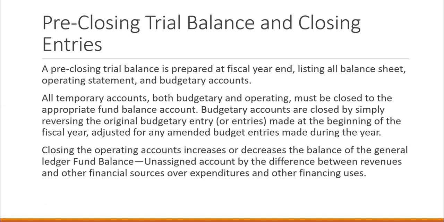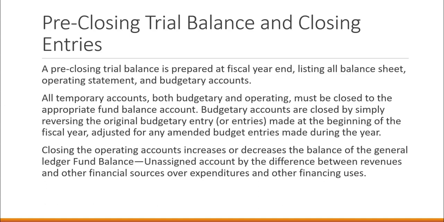We close all temporary accounts, both budgetary and operating, to the appropriate fund balance accounts. Budgetary accounts are closed by just reversing the original budgetary entry, unless they've been adjusted or amended throughout the year, and then we use the amended amounts.